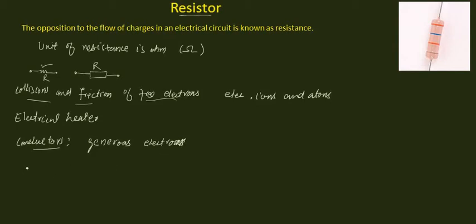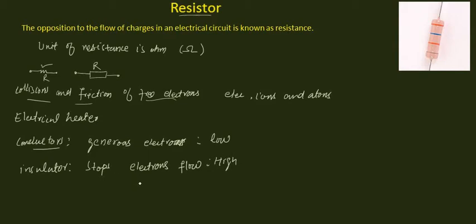The other is called an insulator, which stops the electron flow. So we can say that the resistance of a conductive material is very low, and the resistance of an insulating material is very high.